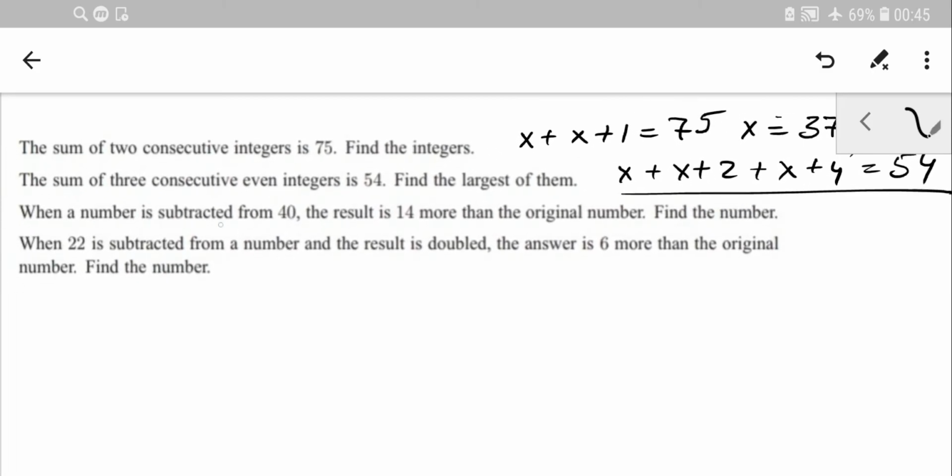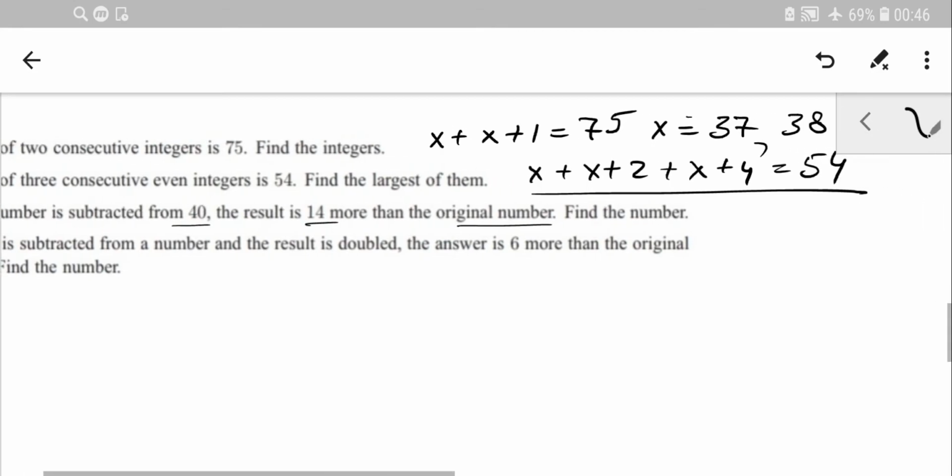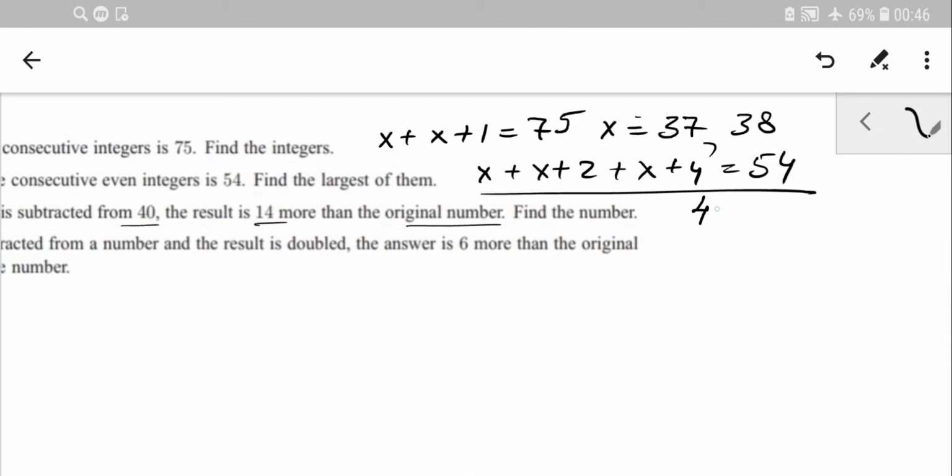So when a number is subtracted from 40, the result is 14 more than the original number. You have a number and subtract it from 40. The result is 14 more than the original number, so you have the original number plus 14. This is an equation.